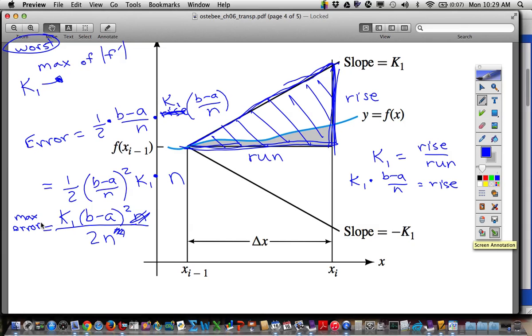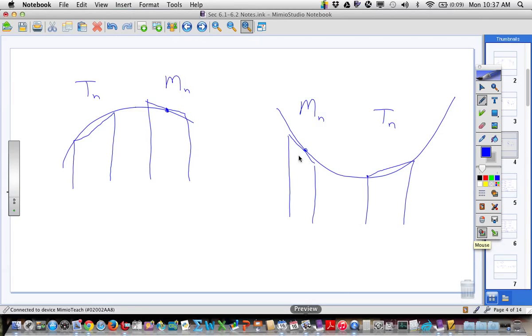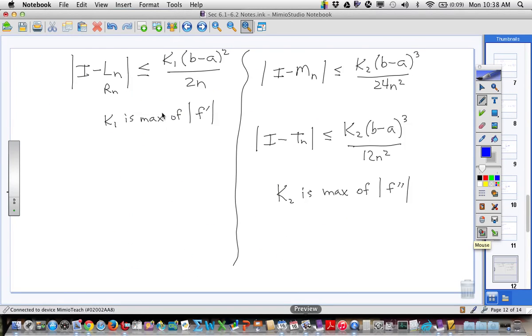All right. So if you want to write something in your notes, I guess we could put down this formula over here, okay? I've just written it once because this could be L sub n and R sub n. Now remember the left side of this is the amount of error. We'll get to the right side over here in a little bit, okay? But the left side of this is the amount of error.